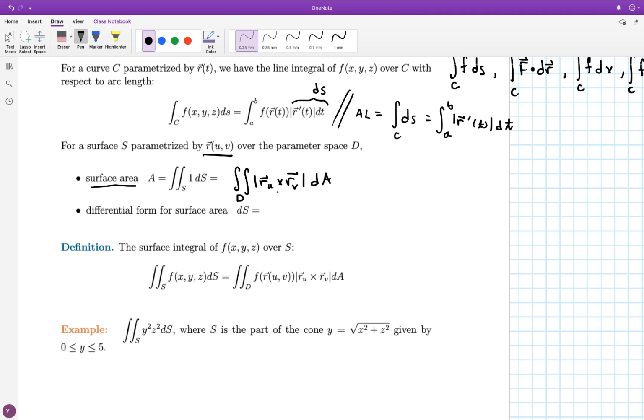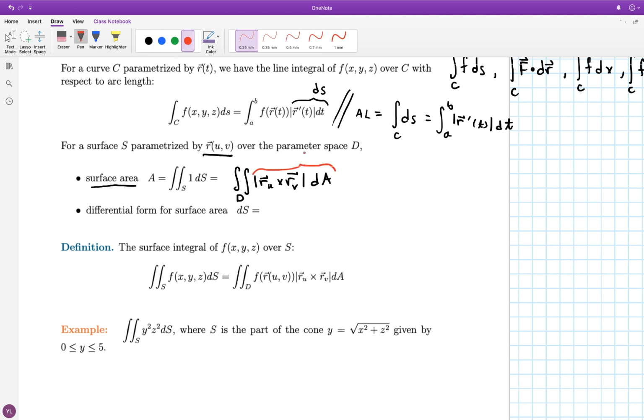And remember, that was giving us a measurement of the area of a little parallelogram. When we form the Riemann sum, it looks like a bunch of these little parallelograms added together, and together they form the estimate for the area of the surface, and in the limit we get a double integral.